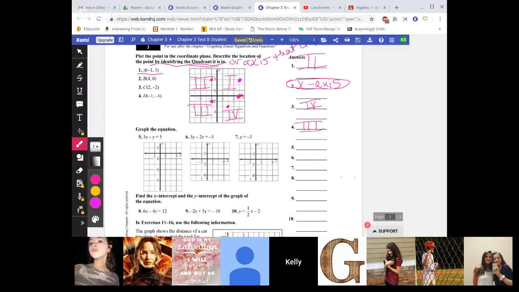What is the x coordinate for that? 4. 4, 3. Good, 4. And then somebody said 3. Good job. That is it. So for the test tomorrow, you need to be able to plot them when given a point, and you also need to be able to read them and give the x and y ordered pair. Does anybody have any questions on that?